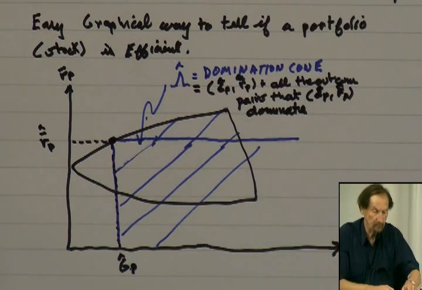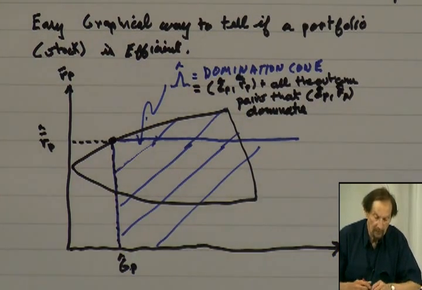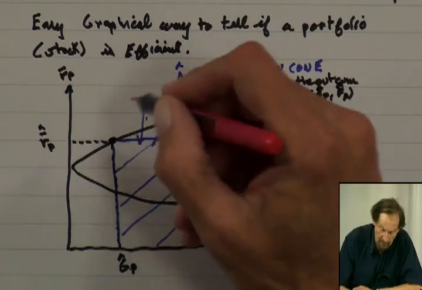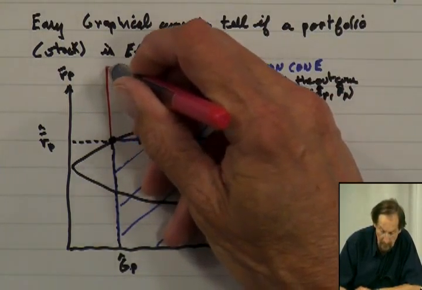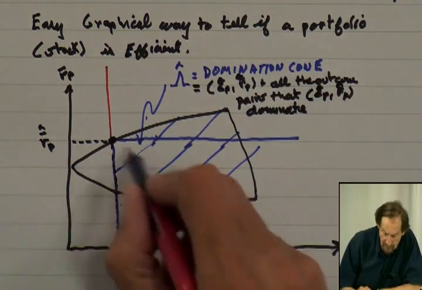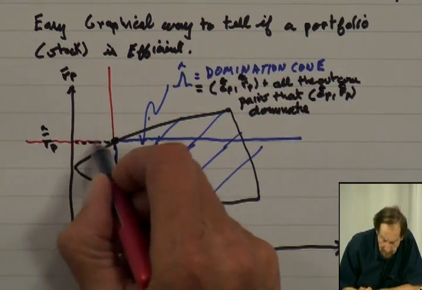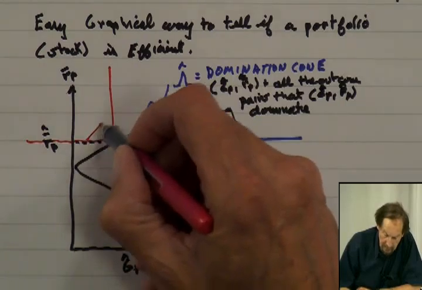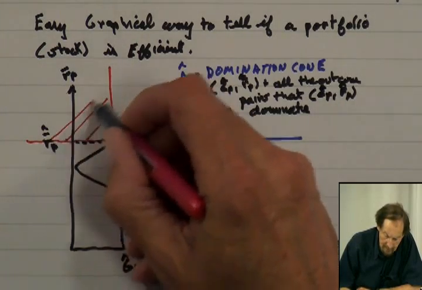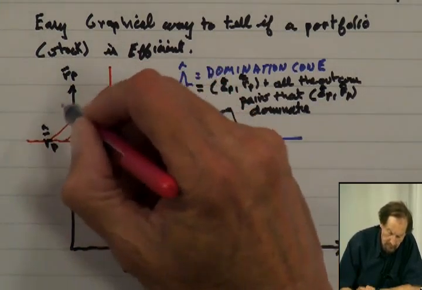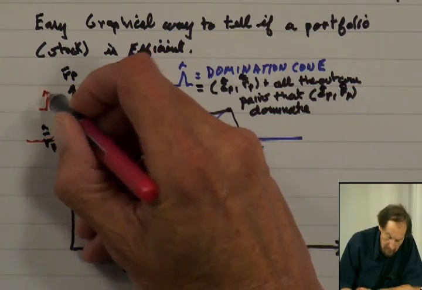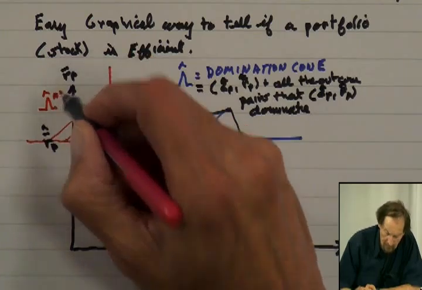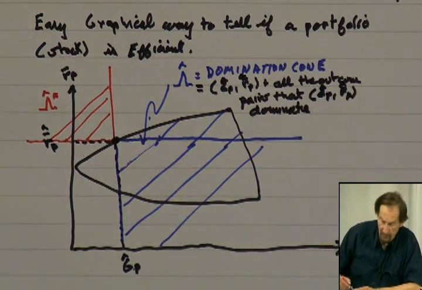Now, let's go the other way. Suppose we have higher expected rate of returns and less risk. So then we're going to get this thing here, and we're going to call this lambda hat, and put a star there. That's a direction of increase.